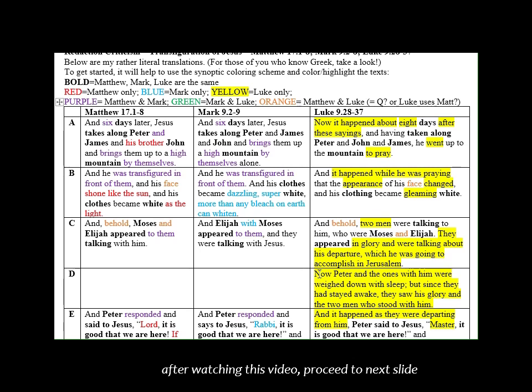So for me at this point, as I'm reading, this seems to me a natural addition that Luke has seen this business of talking, and he's added the information about going to Jerusalem, and then Luke has to provide this explanation in some way that Peter and the ones with him were weighed down with sleep, but since they stayed awake, which sounds odd, it's trying to describe this middle state, they saw his glory, which remember he'd picked up here, so this part of glory is important, and the two men who stood with him.